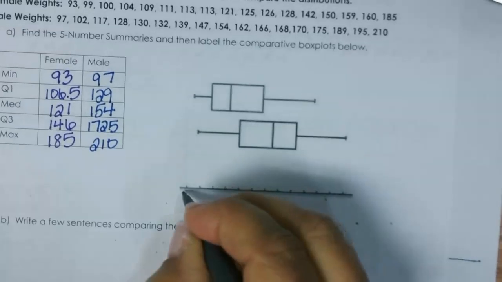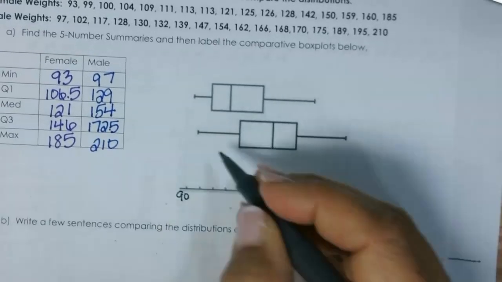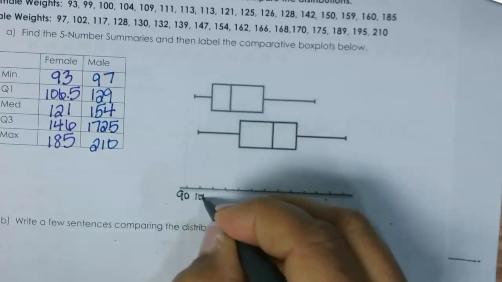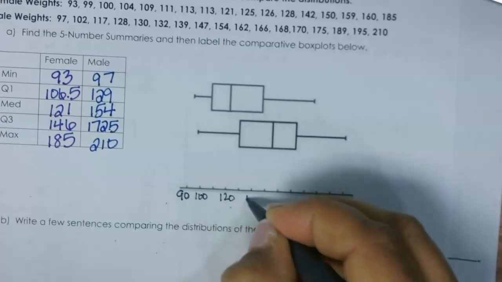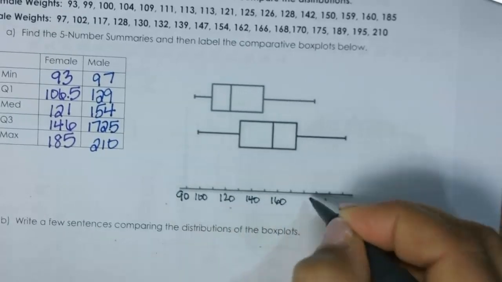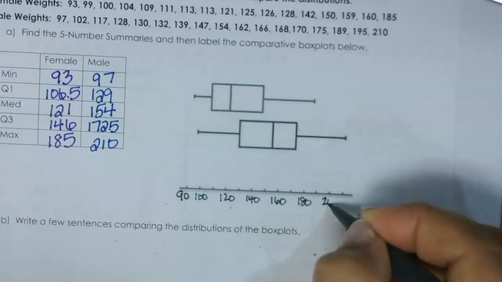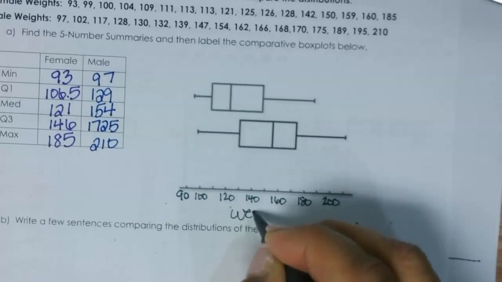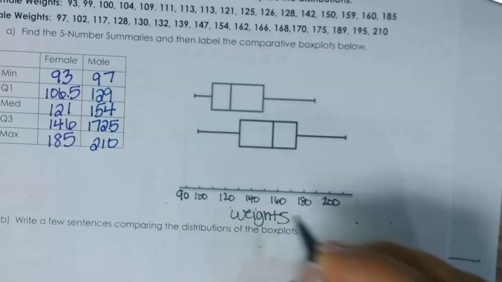This looks like 90, and maybe this was 100. I'll only mark every 20, just so it's not so crammed. And then these are the different weights. I didn't say if these weights were in pounds or kilograms or what, so we'll just say that these are weights.